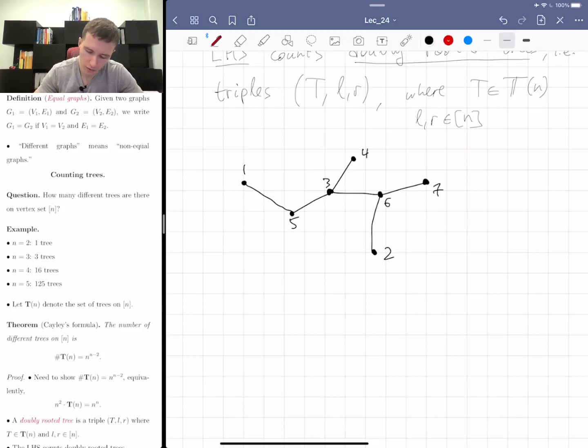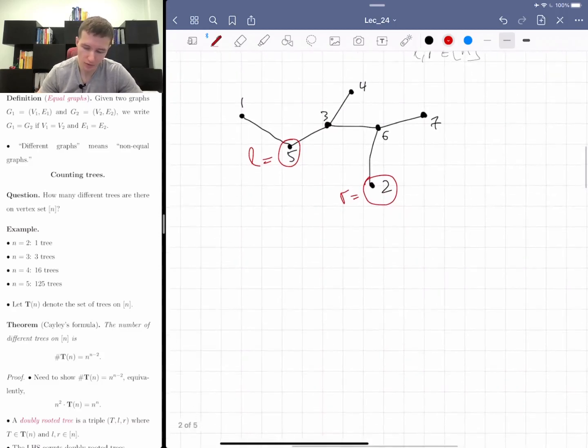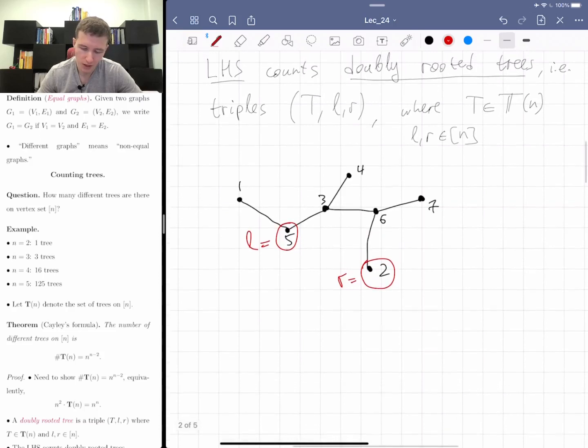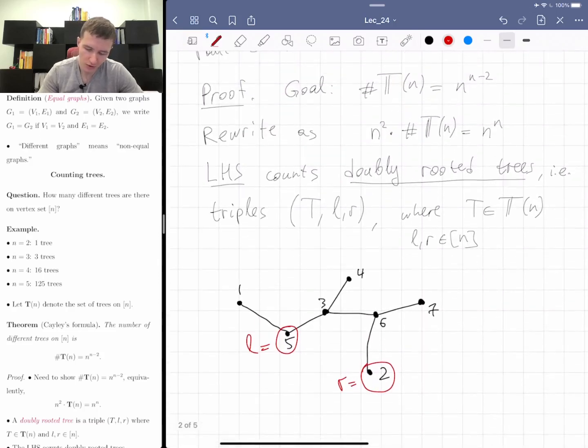And then you just choose arbitrary vertices, maybe they can be the same or different. So maybe you say that this is L, and maybe this is R. Doesn't matter. An arbitrary triple like that is a doubly rooted tree. So the number of such trees is the left-hand side. Now, what is the right-hand side?